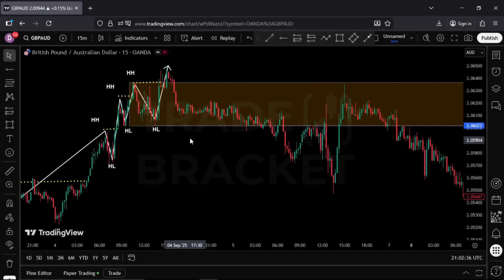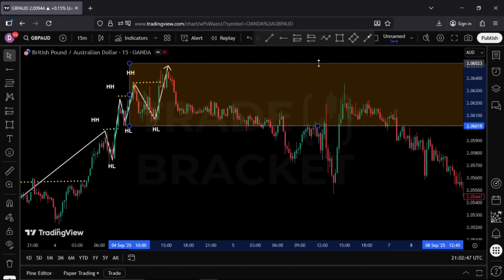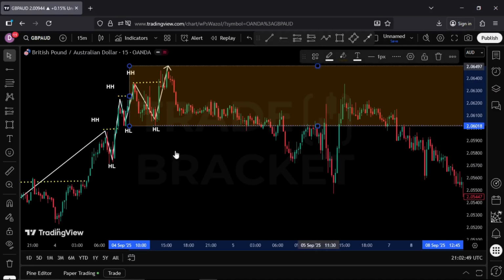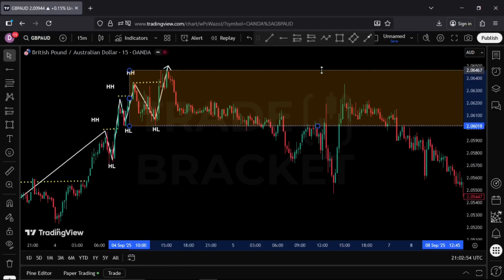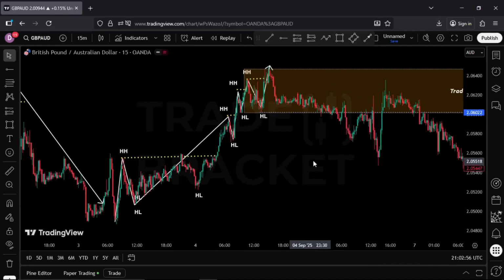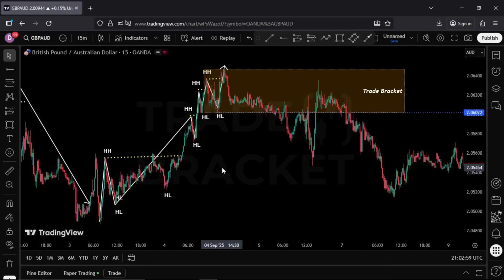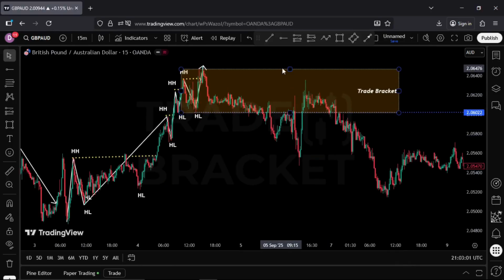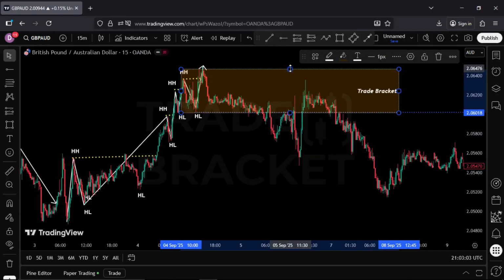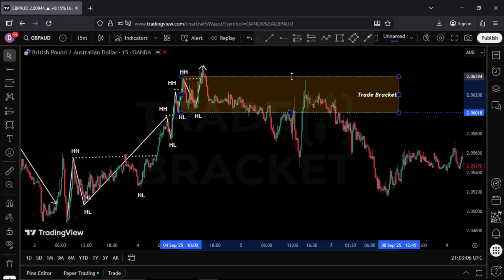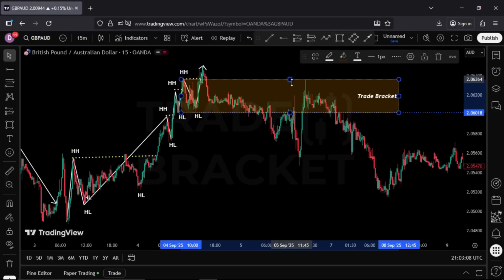Since this was an uptrend, we draw it from the last higher low to be broken to the last higher high to be made, or we can draw it from the last higher low to be broken to the last point price reached, which is around right here. Those are the two ways we could draw our trade bracket. Remember, they have disadvantages and advantages, like I'll show you later on. Let's keep it to the last higher high to be made.